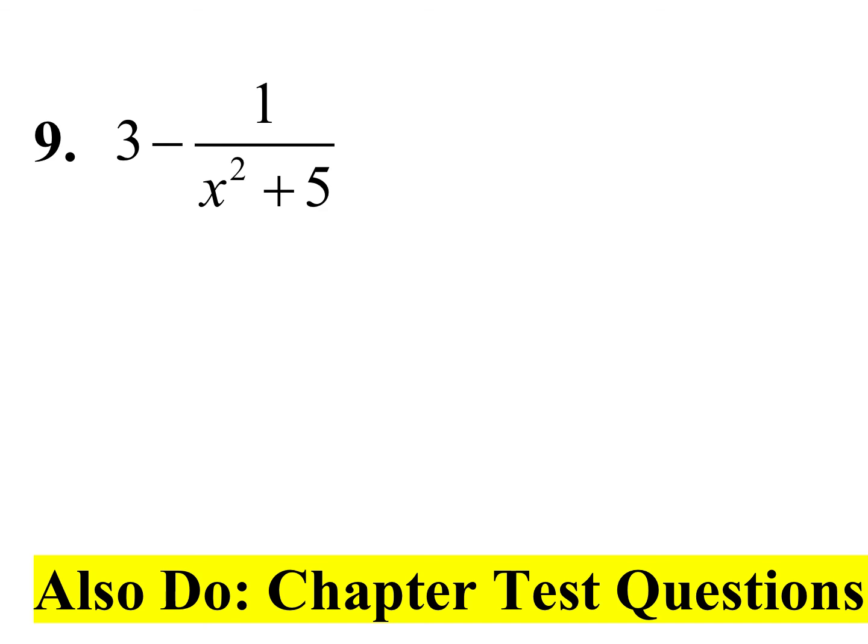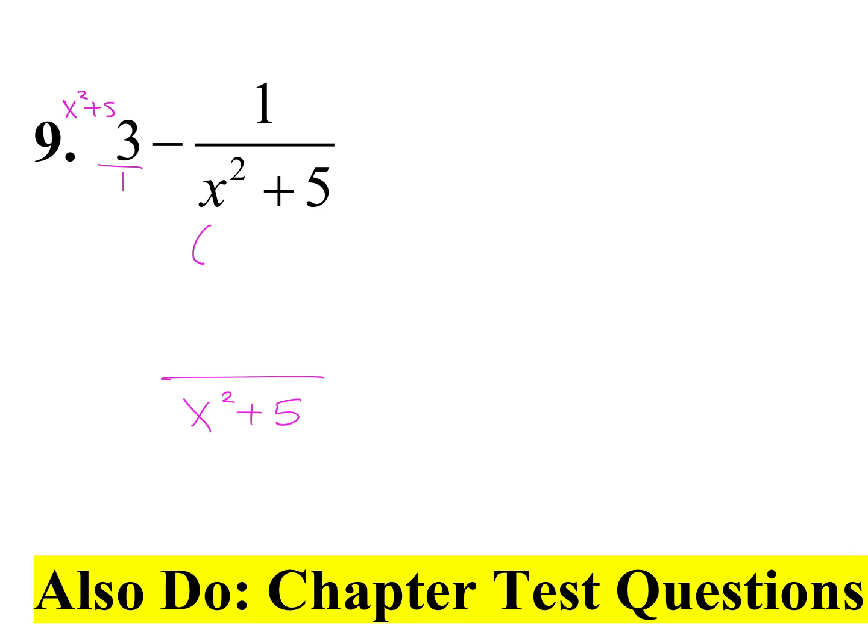Common denominator. So if you treat this like 3 over 1, right now, this x squared plus 5 is not a difference of squares, right? So it's not like you can break that into x plus something, x minus something. So instead, that's just going to be our common denominator, x squared plus 5. So what are we going to multiply the 3 by?